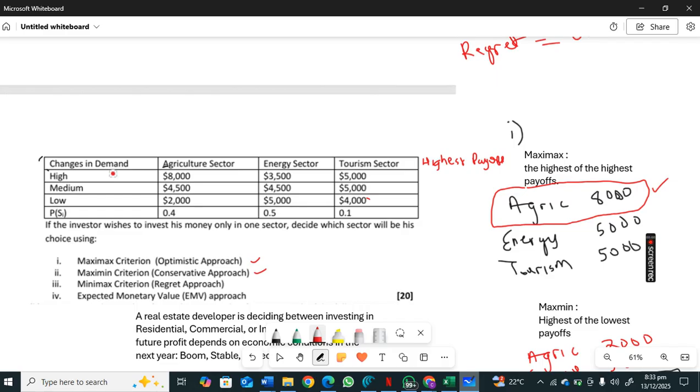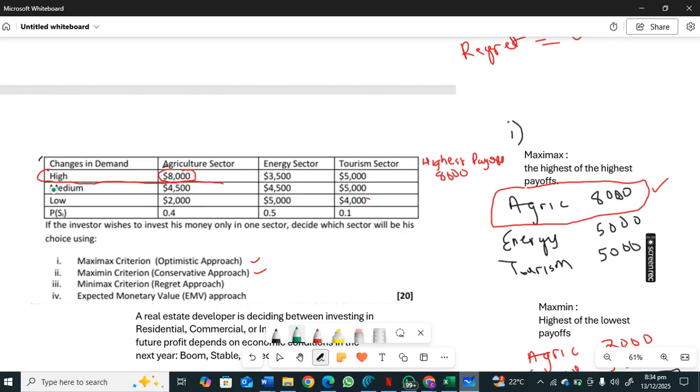If we focus on this, when demand is high, agriculture it's 8,000, energy it's 3,500, tourism is 5,000. So the highest here is agriculture, so you put here 8,000 for agriculture.